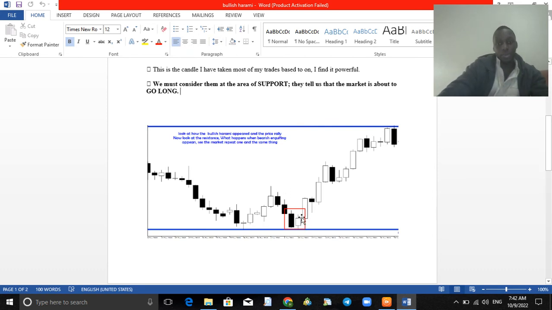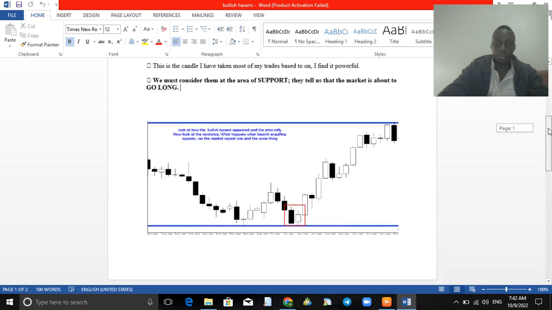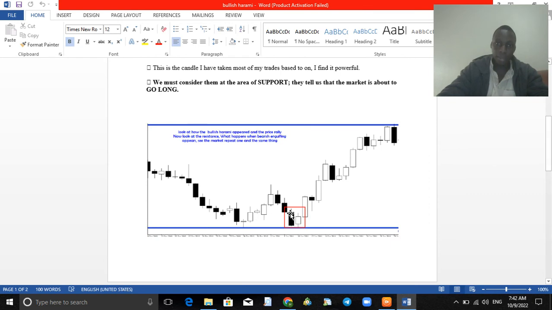Now I have a small illustration. It was on my daily time frame about this candlestick pattern, which is a bullish Harami or inside bar. We can clearly see that on this major market key level or support level of ours, we had a bearish long candle. Then, not even engulfed but inside this long candle, we had our bullish candle.